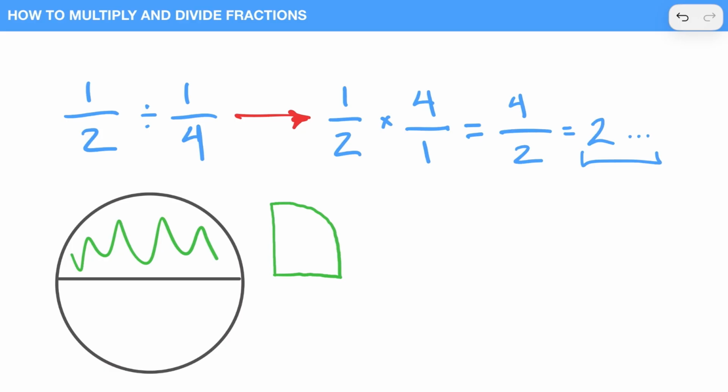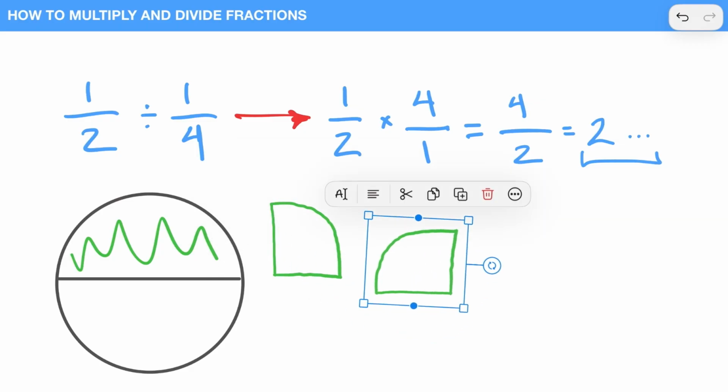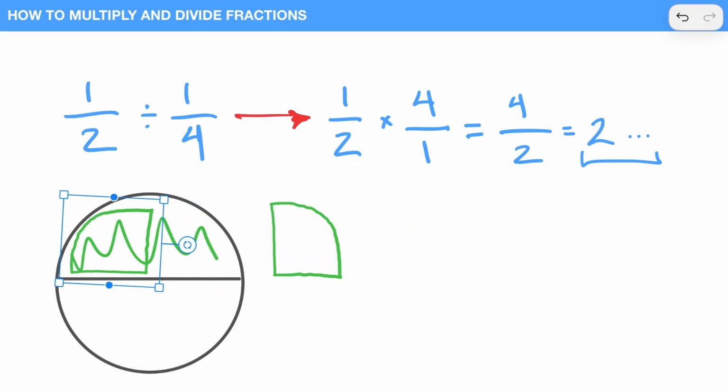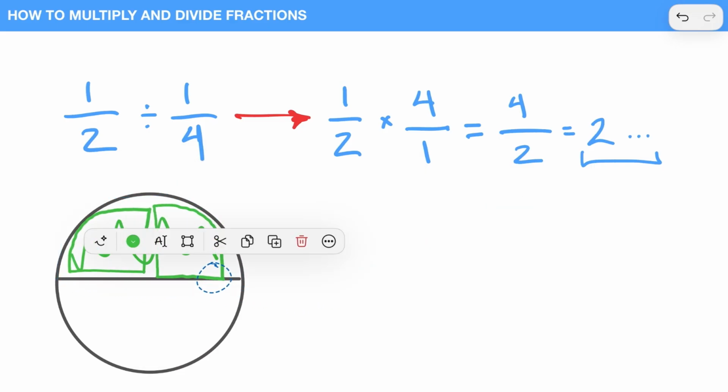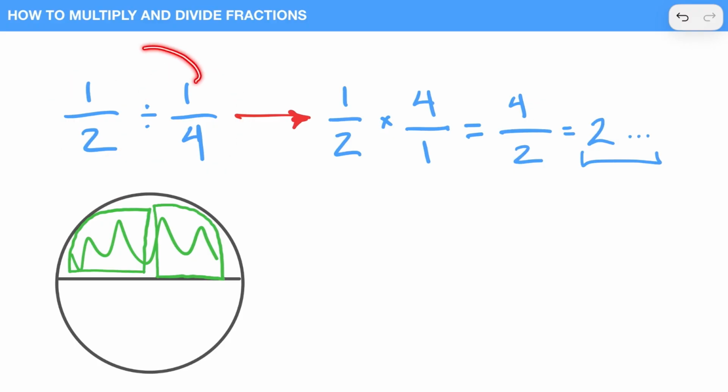Well, check this out. I can go ahead and duplicate this. Maybe rotate this here. And I can fit 2 of them in there. And that's what we got for our answer. 1/2 divided by 1/4, or how many times does 1/4 go into 1/2, is 2. And that's how you divide fractions.